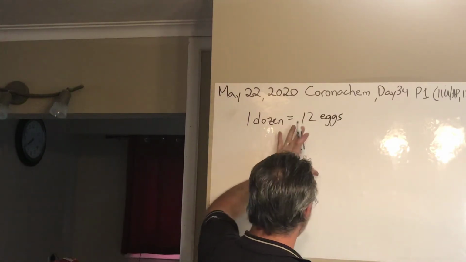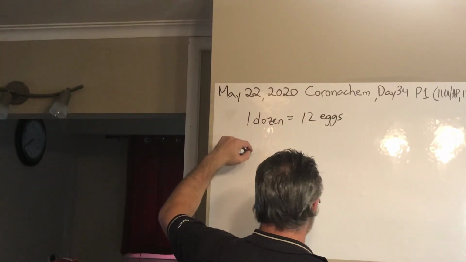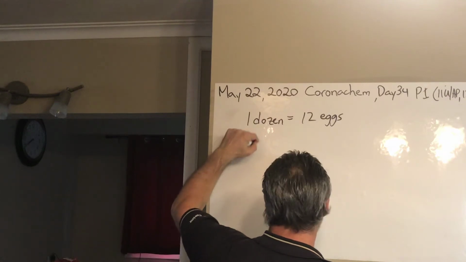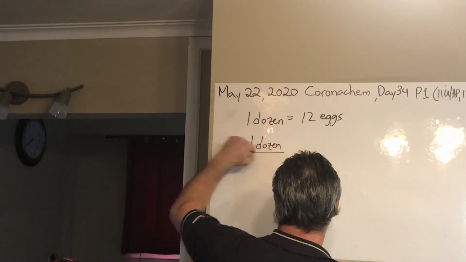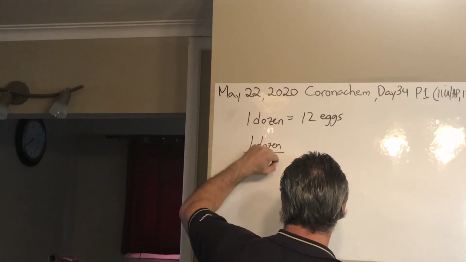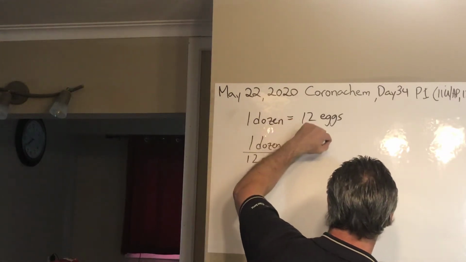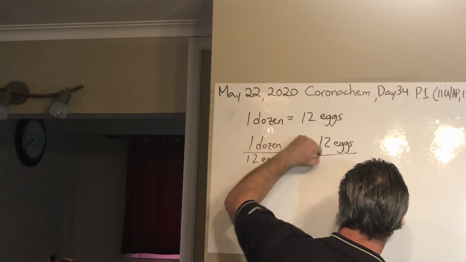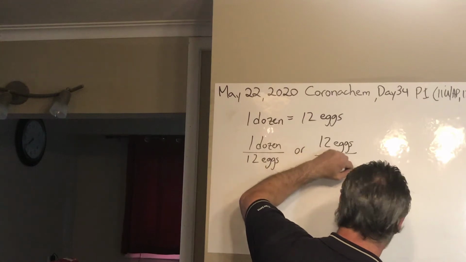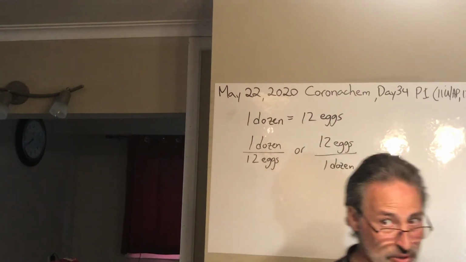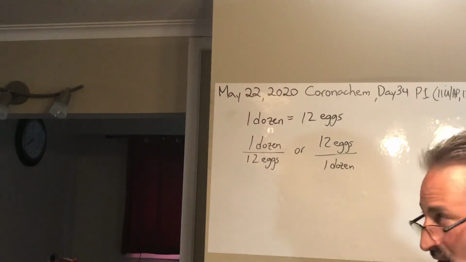But you can write that 2 ways as a conversion factor. You could say 1 dozen per 12 eggs, or you could just as rightly say 12 eggs per 1 dozen. But it's up to you to choose which one of the 2 is the correct one to use.